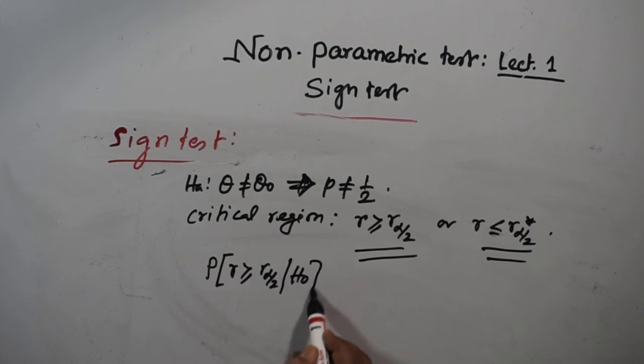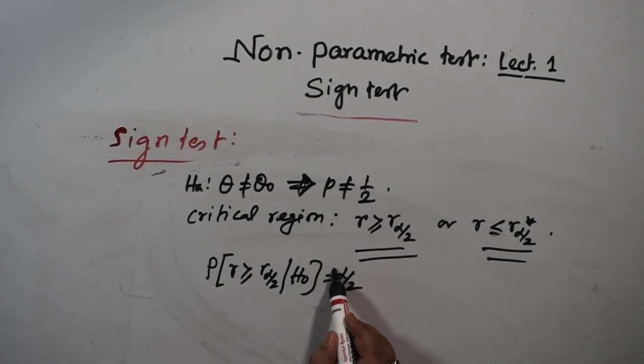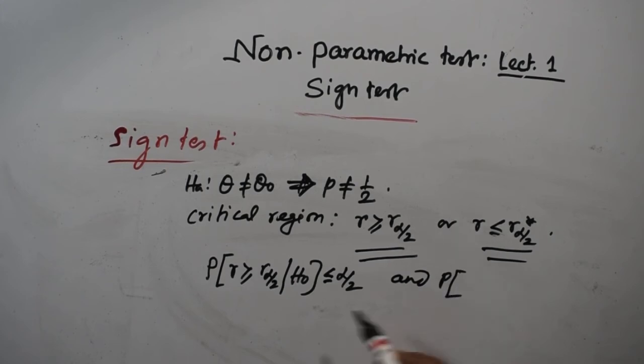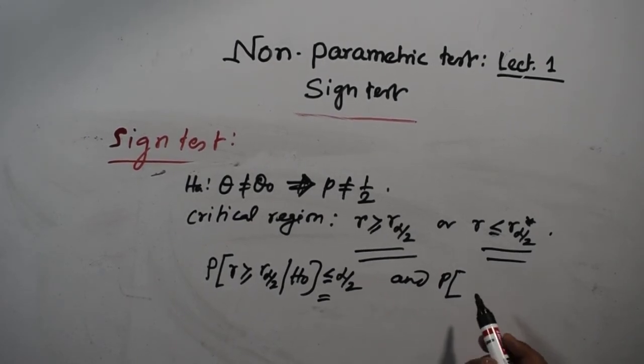Given H naught, this probability is at most alpha by 2. Already I mentioned that because of the discreteness of the binomial distribution, we cannot find exact alpha by 2. So instead of equal to alpha by 2, we write less than or equal to alpha by 2.